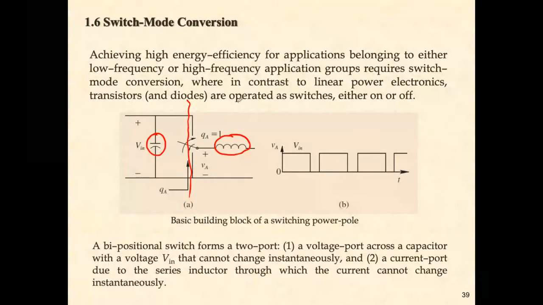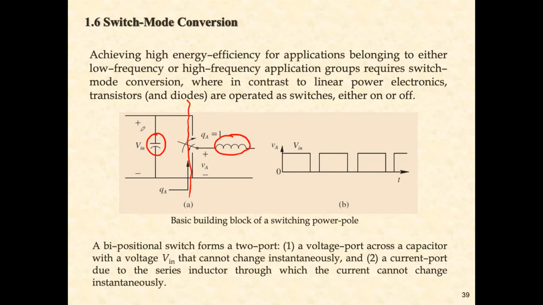When we combine them together, this is a typical topology for switch mode conversion. Here we can see there is a switch. We call it a bidirectional switch, and then this is the result. This topology gives us very fundamental knowledge of the technique of power electronics interface.